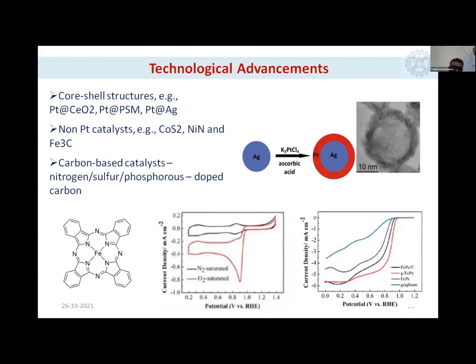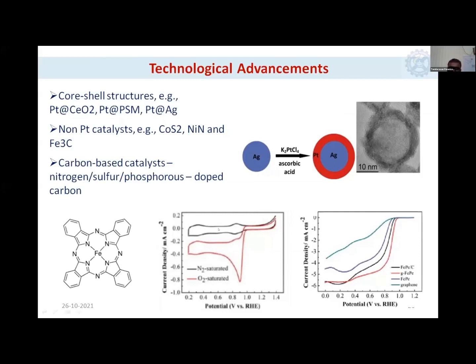Alternatively, there are some organometallic compounds or metal organic compounds. In metal organic compounds, particularly the porphyrins, okay, or phthalocyanines have attracted a lot of interest. You can find much research on iron-based phthalocyanines for oxygen reduction reactions.